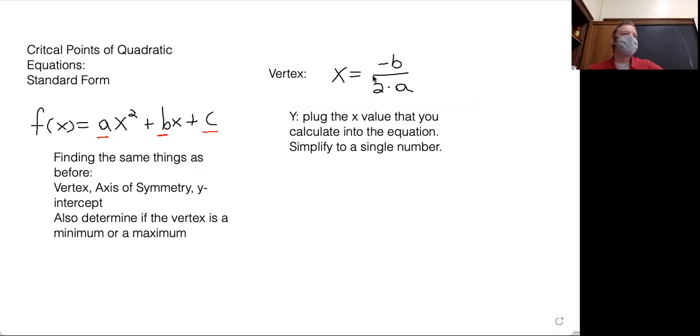So this is going to be where the majority of our work is on these problems, is calculating the vertex here, because we've got a formula that we have to use for x, but then whatever number we calculate for x, let's say that x is equal to 5, you would take that number and you would plug it in for both of your x's in your original equation, and you would work out what the result is. The result there would give you the y value for the vertex.